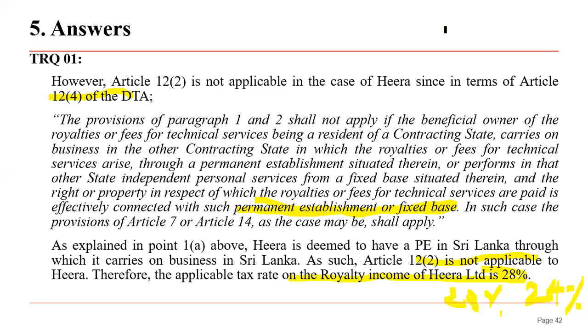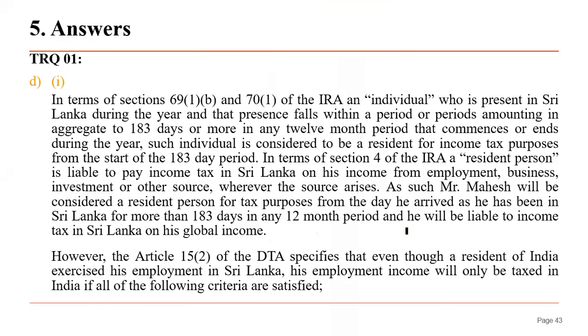Then you need to apply two rates: 28 and the other rate. If you are referring to the recent changes, you just mention the royalty income. Then as business income, the business rate needs to apply because they have a permanent establishment. Hera is having one. Then that part is also clear.